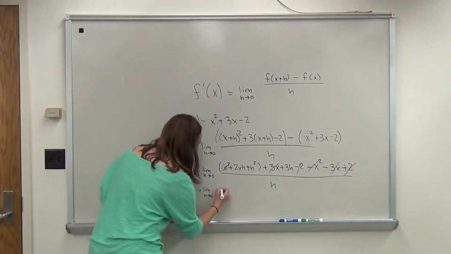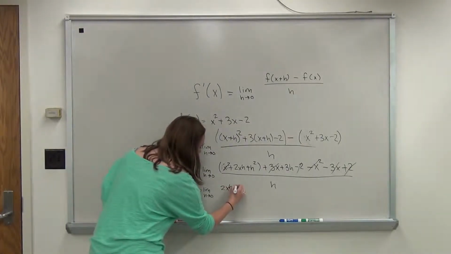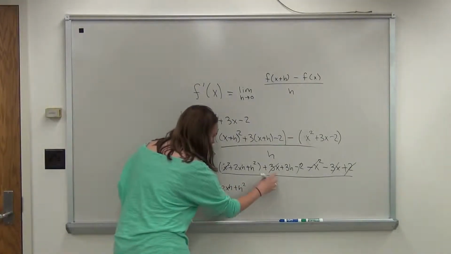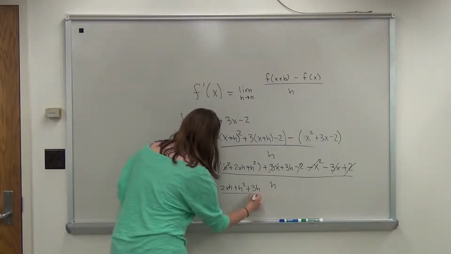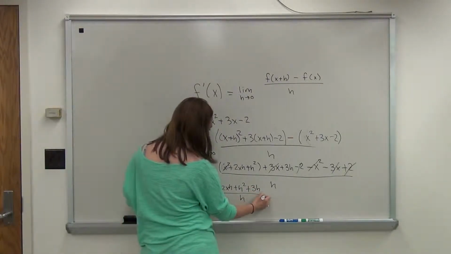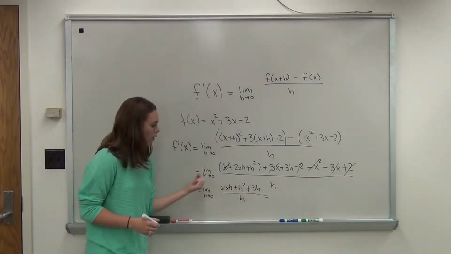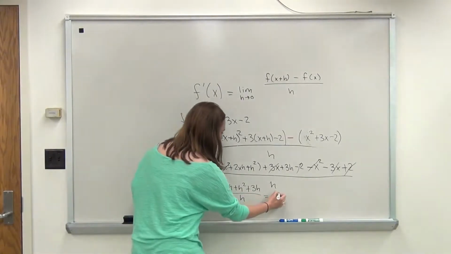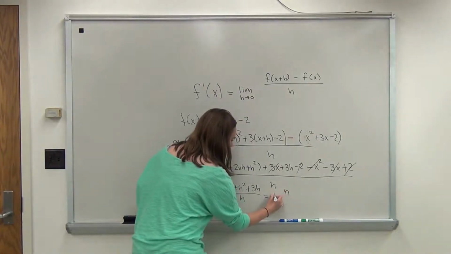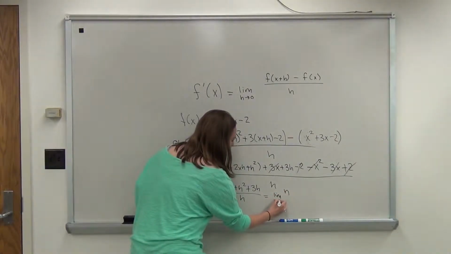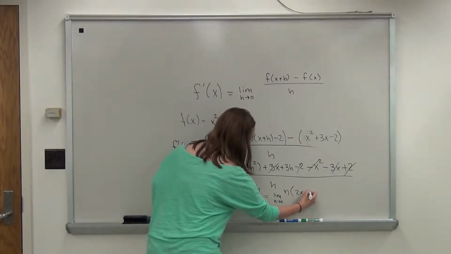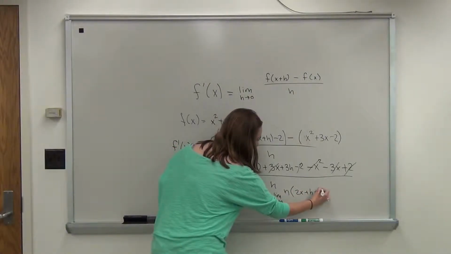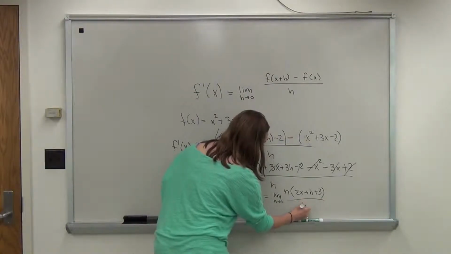So we're left with 2xh plus h squared plus 3h divided by h. We can now pull out one factor of h from everything on the top, and we're left with, I keep forgetting to write my limits, the limit of h times (2x plus h plus 3) divided by h.